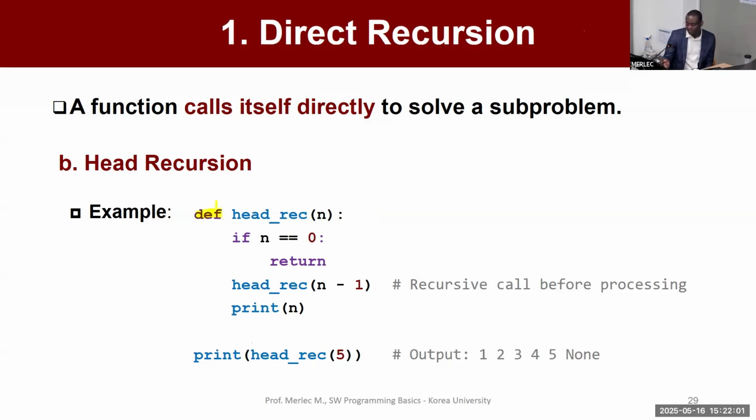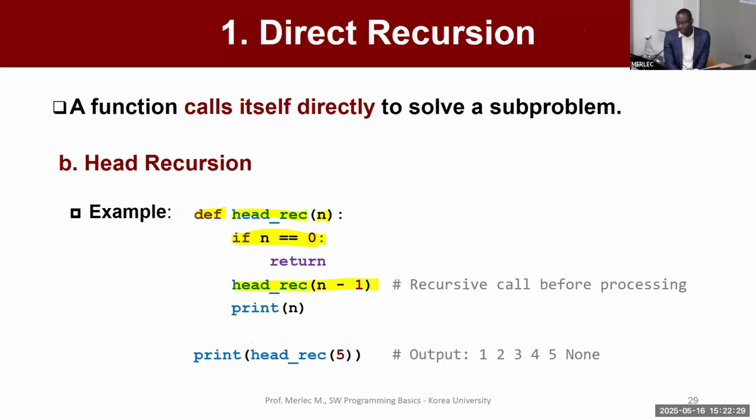So we have the function defined here with the keyword def head_rec function, which has parameter n, and then it checks first. For the function to work, we have to identify the base case. So if n is not equal to 0, that means we call first the function itself.